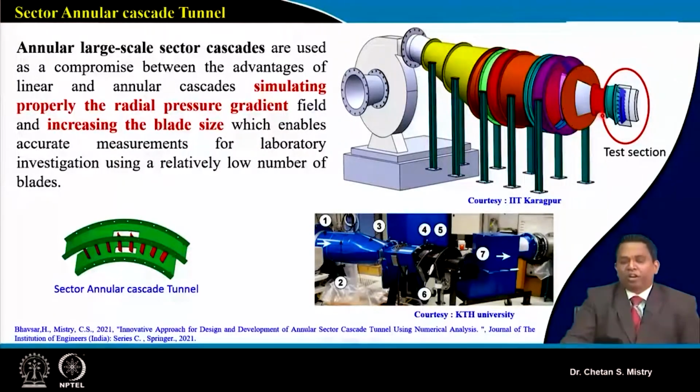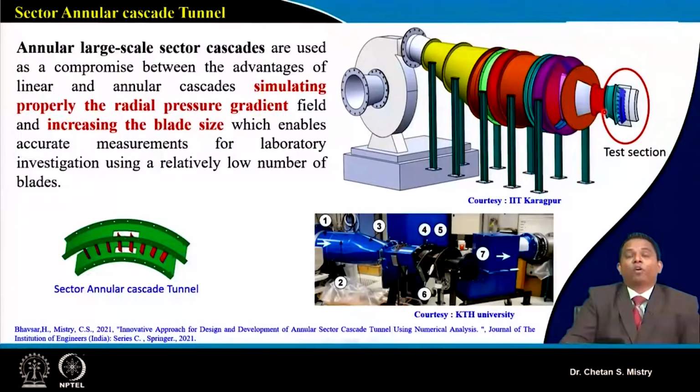Such a sector annular cascade tunnel is available at IIT Kanpur. The beauty of this setup is that we are able to do our testing at engine-equivalent Reynolds number and engine-equivalent Mach number. Presently, with the nozzle we have, at the exit of the nozzle we are able to achieve Mach 0.6.